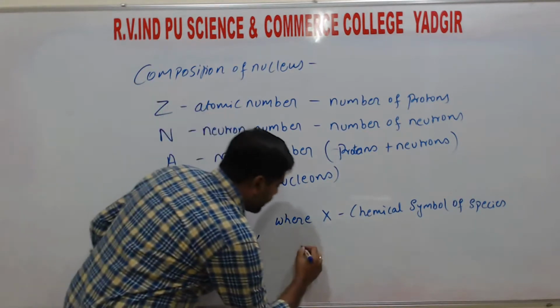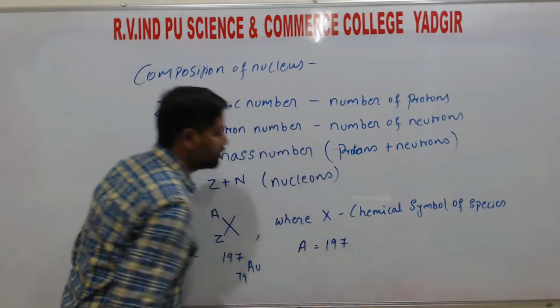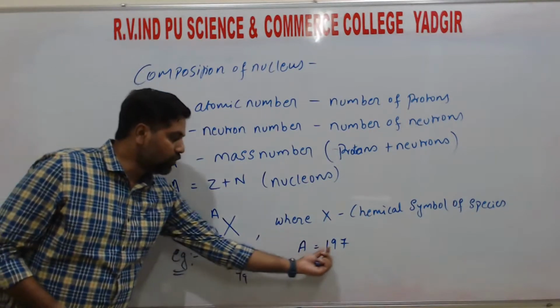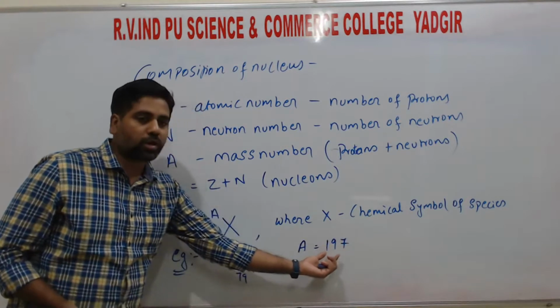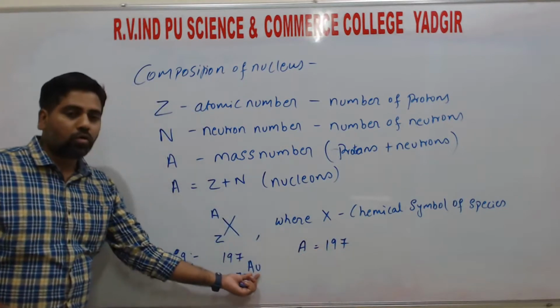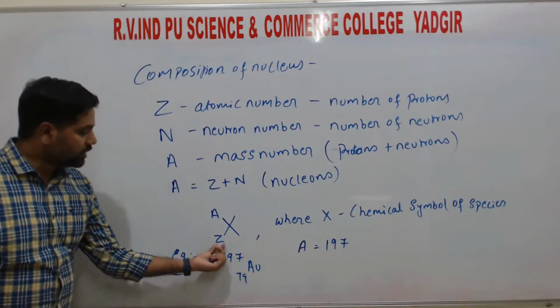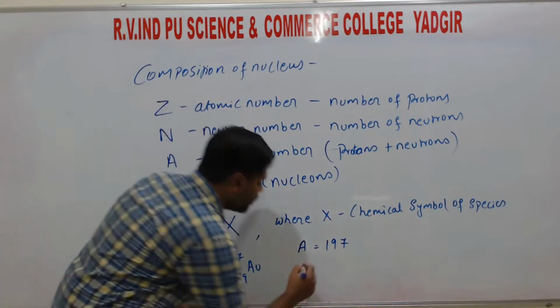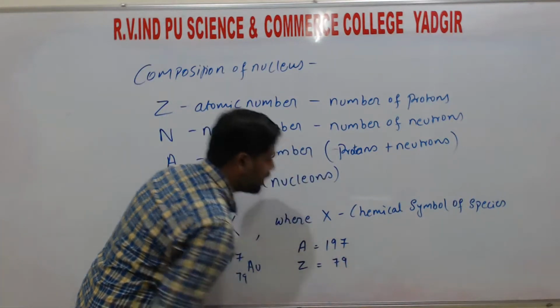So A equals 197 means the total number of protons and neutrons present in the gold nucleus is 197. Next, 79. Z represents what? The atomic number, right? So Z is equal to 79.